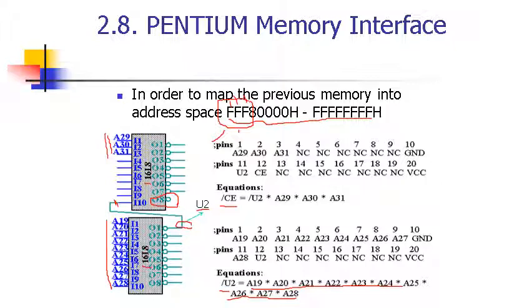Activated means we send a low signal to this pin. This low signal, we named it chip enable, which is low whenever U2 is low, A29 high, A30 high, A31 high, and we use this signal to enable all memory chips.